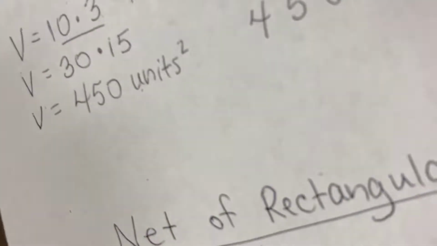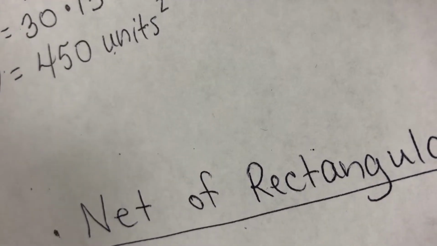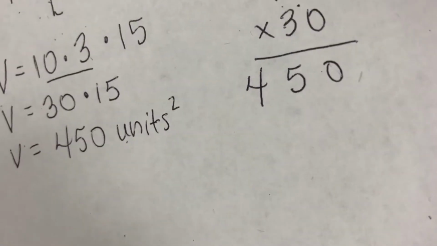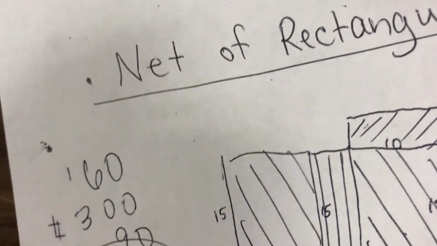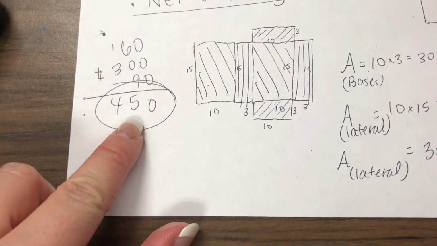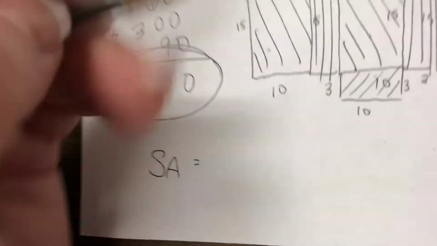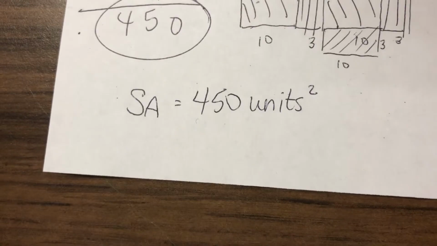So 60 plus 300 plus 90, which is a total area of 450. So I would say that my surface area of the rectangular prism is 450 square units.